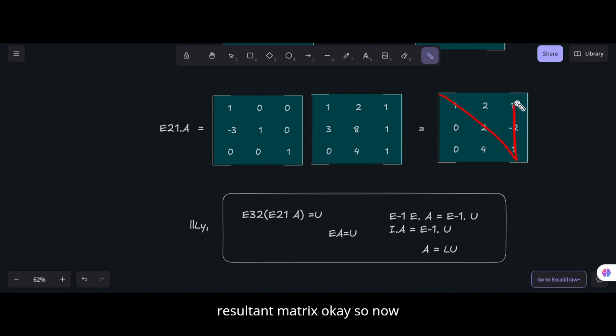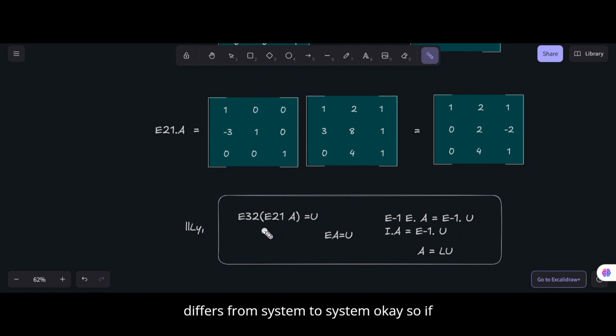Now to convert this into an upper triangular form, I have to eliminate this entry as well. So for that, what elementary matrix would I require? E32. If I multiply it with this, I would get my upper triangular form. In this case I only require two matrices, but it differs from system to system.